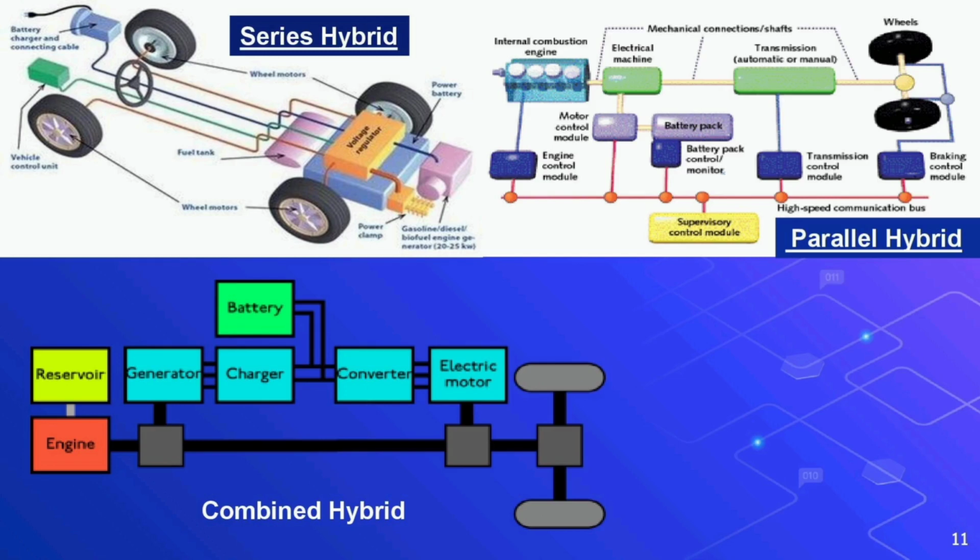Hence, the general configuration of the electric vehicle is shown in the figure. The electric vehicle has three major subsystems: electric propulsion, energy source, and auxiliary system. The electric propulsion subsystem comprises the electronic controller, power converter, electric motor, mechanical transmission, and driving wheels.